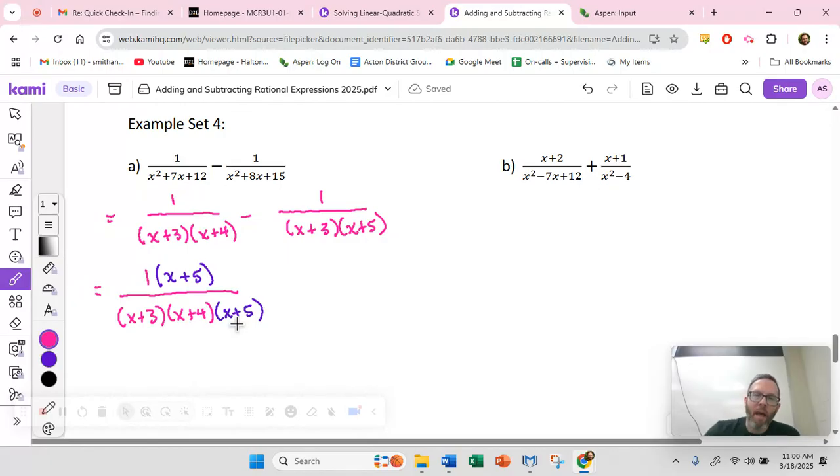And then on the right side, this guy needed the x plus 4. And I think I might just pop the x plus 4 in the middle there, just to put everything in the same order. We can do this. That's not so bad.